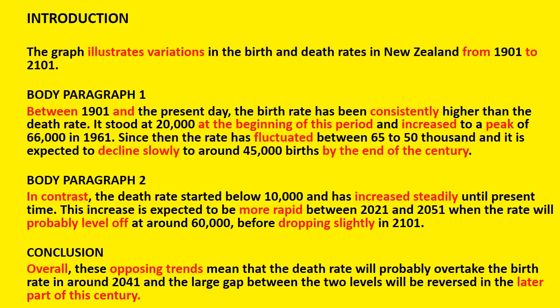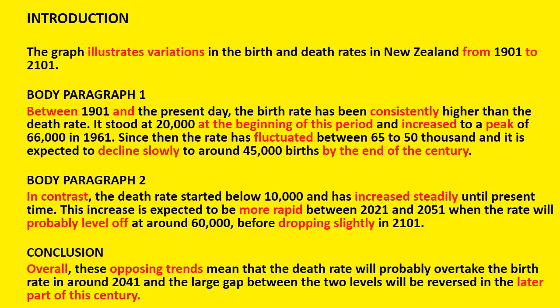So first will be our introductory paragraph. Now in your question it was given: the graph gives information about changes in the birth and death rates in New Zealand between 1901 and 2101. So now we are going to copy the exact line over here, but in our own words.